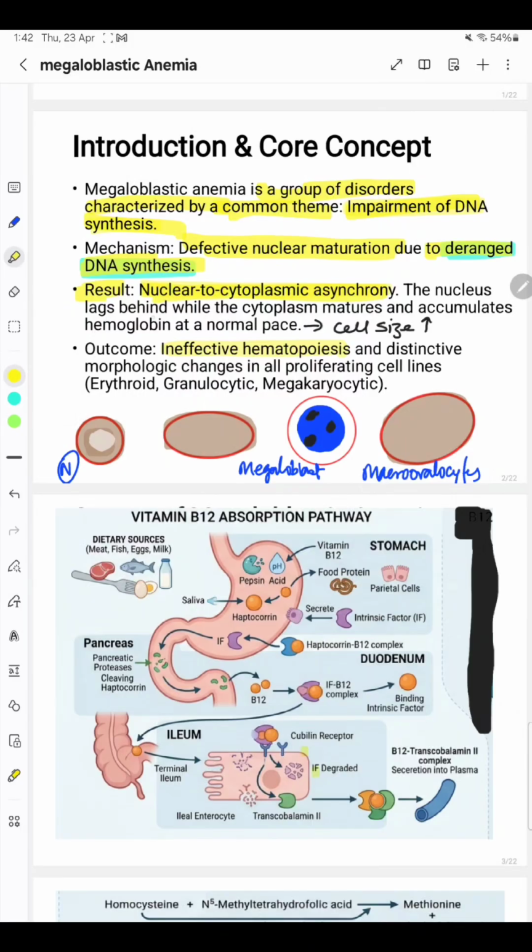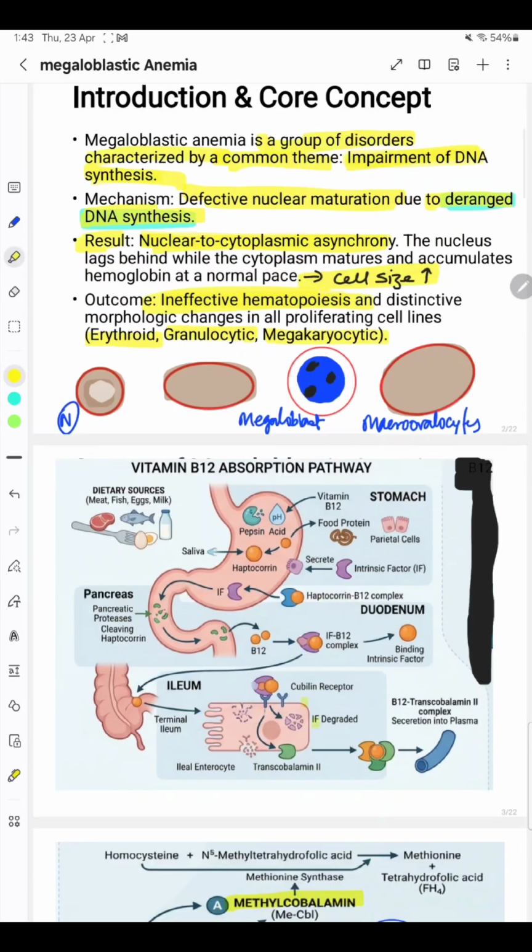The nucleus lags behind while the cytoplasm matures and accumulates hemoglobin at a normal pace, and this results in increased cell size. The outcome of this condition is ineffective hematopoiesis and distinctive morphologic changes in all the proliferating cell lines like erythroid, granulocytic and megakaryocytic.